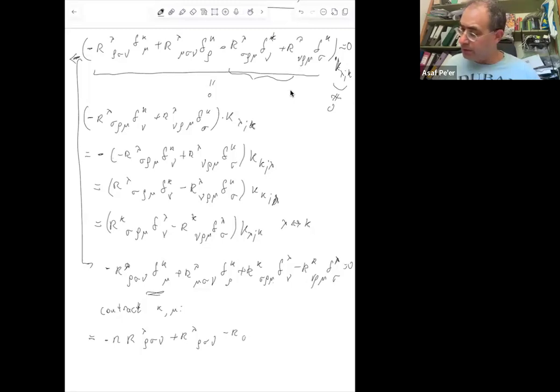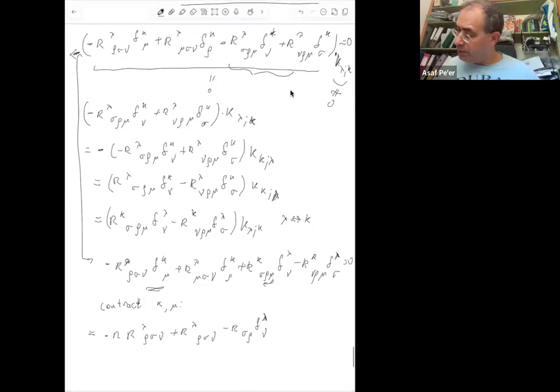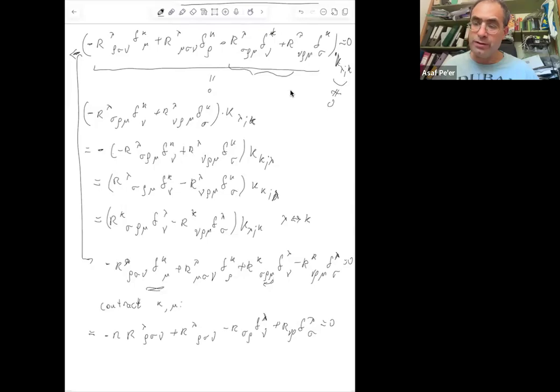So minus R_sigma rho delta_lambda nu. I just switch here the order, so I get the minus sign and then I contract, so I get the Ricci. And here it's pretty much the same, plus R_nu rho delta_lambda sigma is equal to 0. And in n dimensions, delta_mu mu is n.